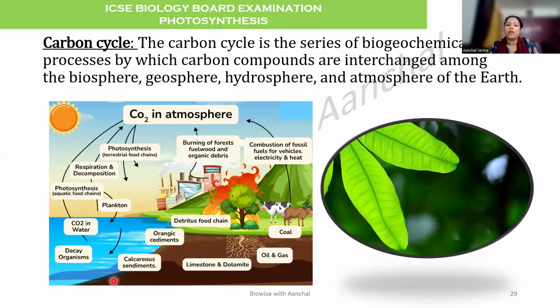Then all the dying things are consumed by the decomposers. So finally what is being released in the atmosphere is utilized by us, goes into the earth, and again comes back into the atmosphere. This is the carbon cycle. You should know it. It's not asked much, but you should know what happens in this.